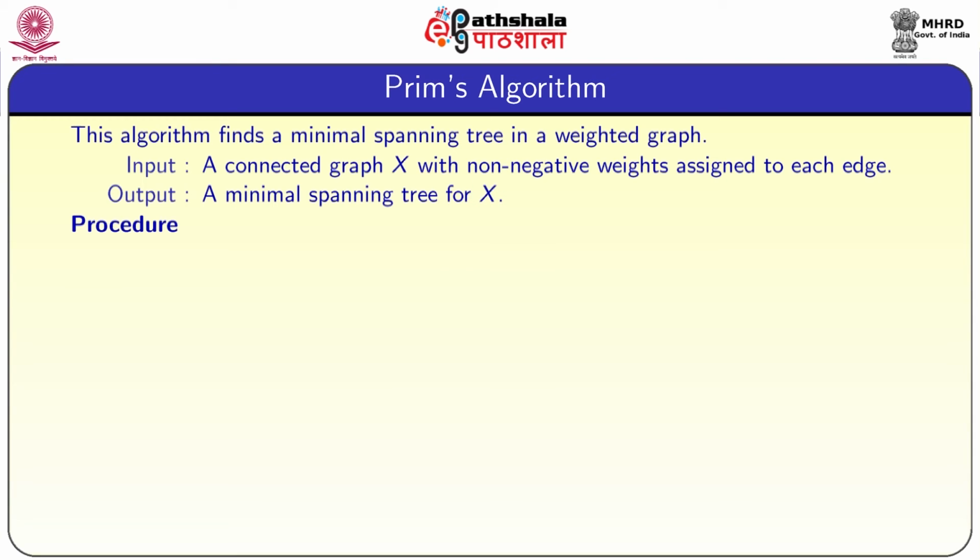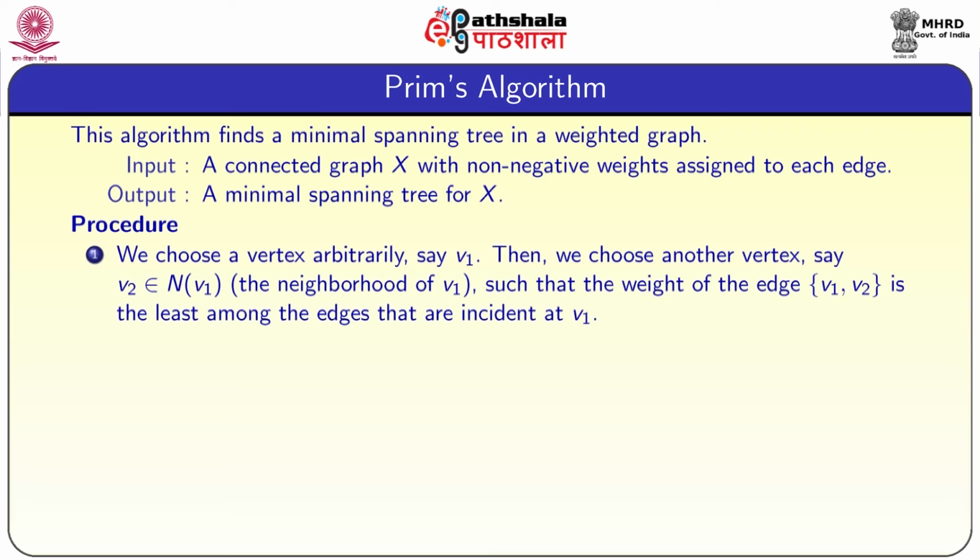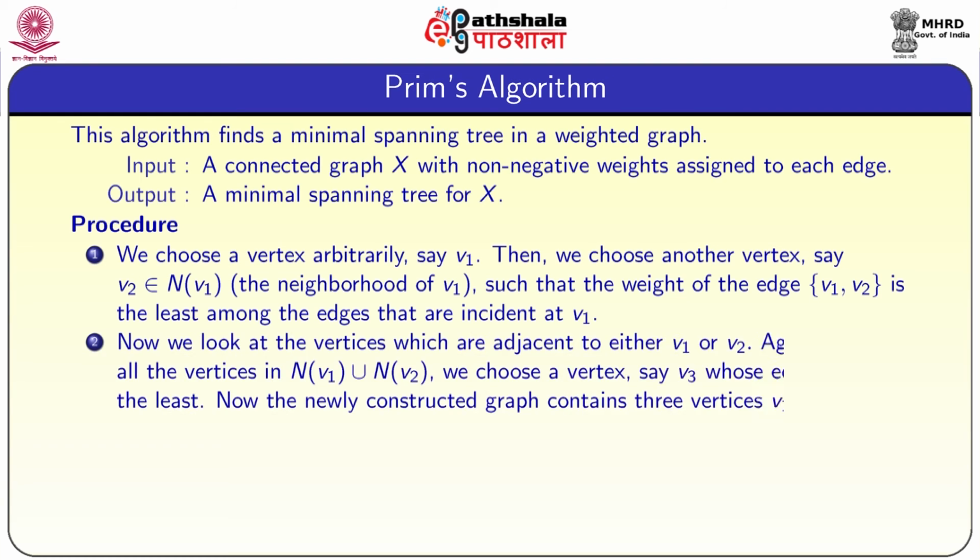The procedure is, we choose a vertex arbitrarily, say V1, then we choose another vertex, say V2, in the neighborhood of V1, such that the weight of the edge V1V2 is the least among all the edges incident with V1. Now we look at the vertices adjacent to either V1 or V2.